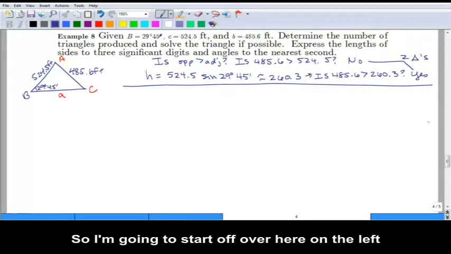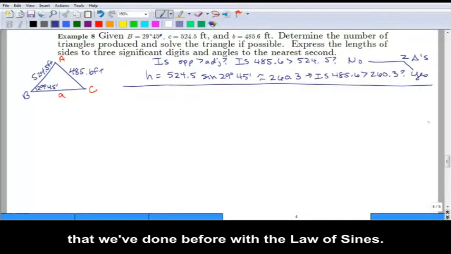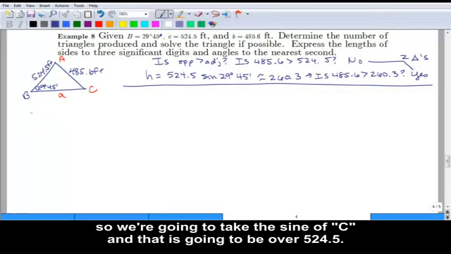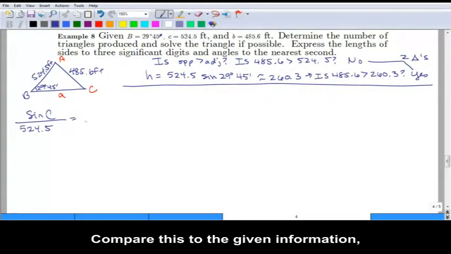So I'm going to start off over here on the left, and I'm going to go through the same process that we've done before with the law of sines. The first angle we need to find is C, so we're going to take the sine of C over 524.5. Compare this to the given information.